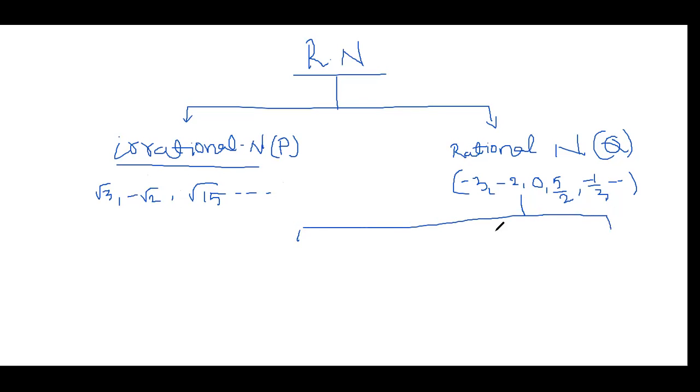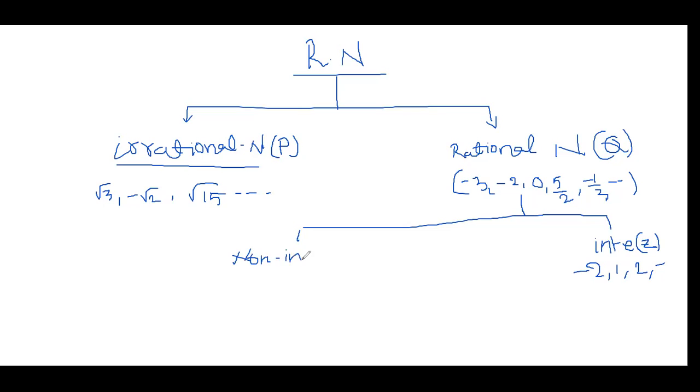Again, the rational numbers are categorized into two types. One is integers. Integers are denoted by capital Z. And integers may be defined as positive integers. Yes, very good. And one more is non-integral rational numbers.